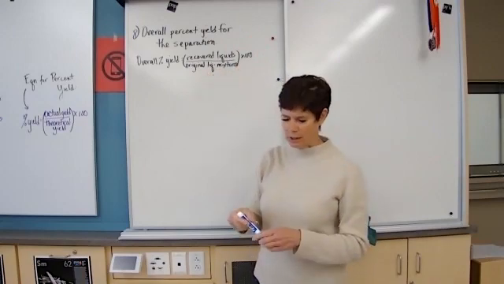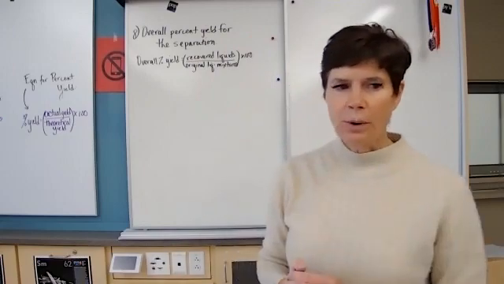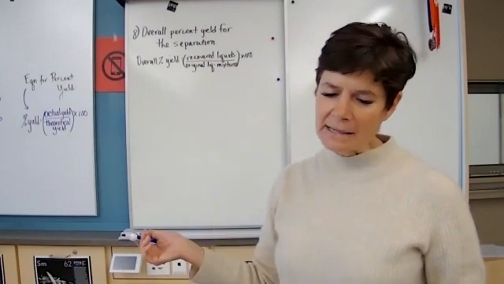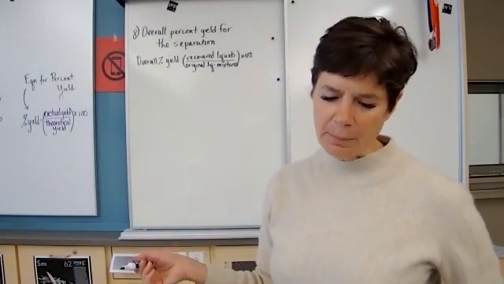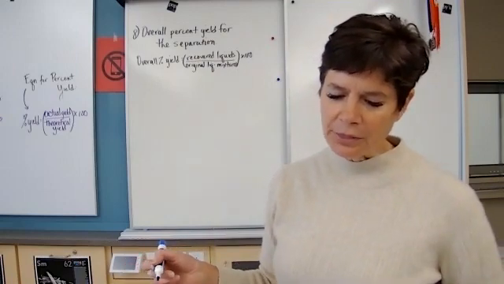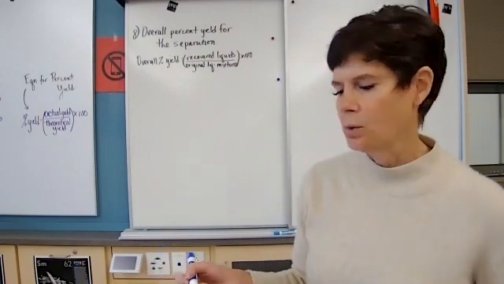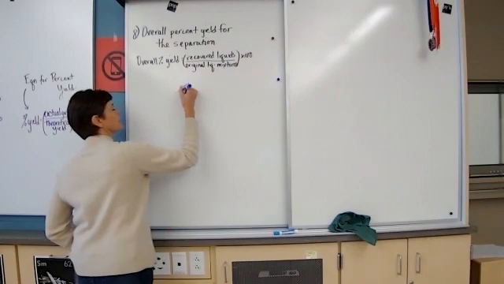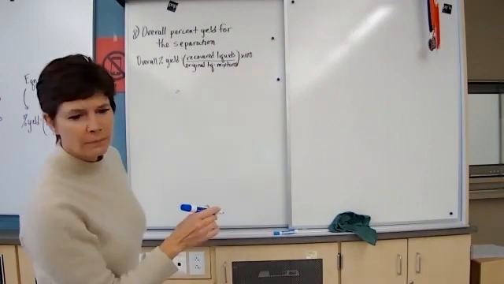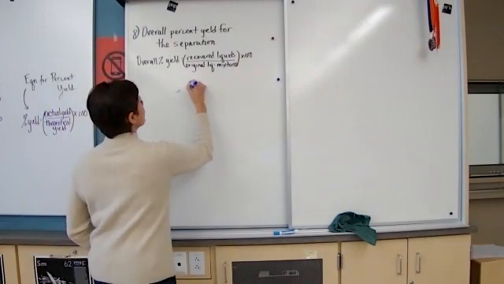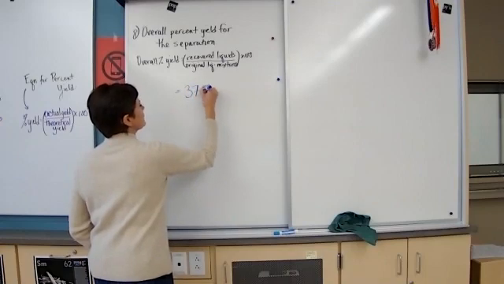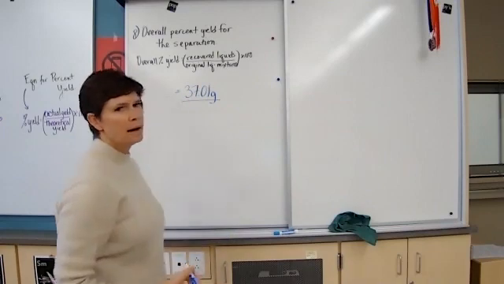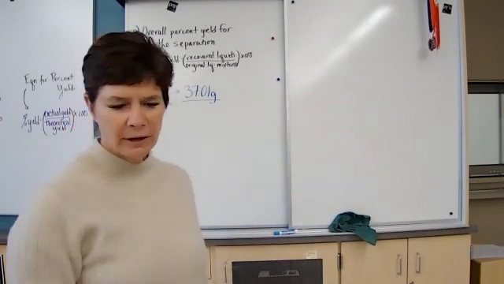So if we were to look at our total mass from the previous problem, we would come up with 37.01 grams of oil and vinegar. And this is just adding the recovered oil mass with the recovered vinegar mass.